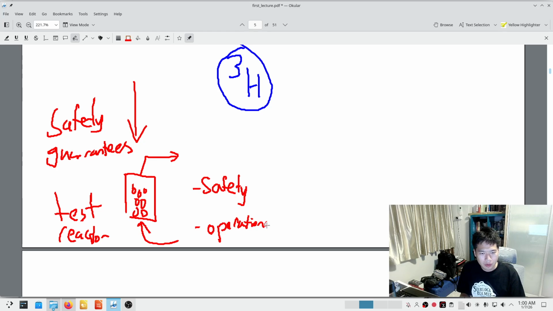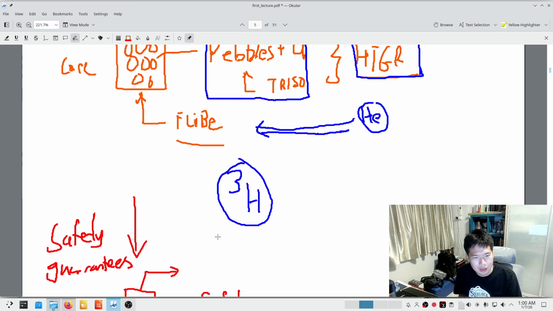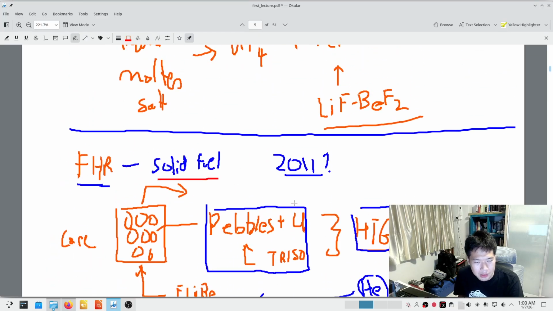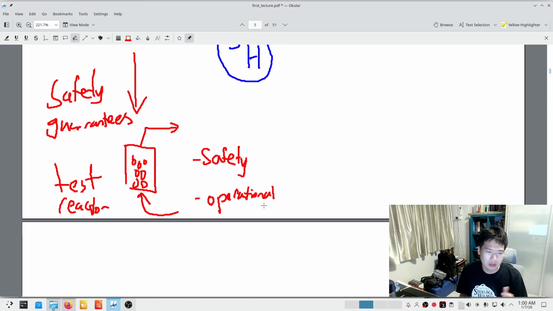Because in the US, at least in the early 2010s, no one had done a molten salt loop in a very, very long time. So there are questions about how the salt will interact with the pebbles or with the metal structures, and so forth.